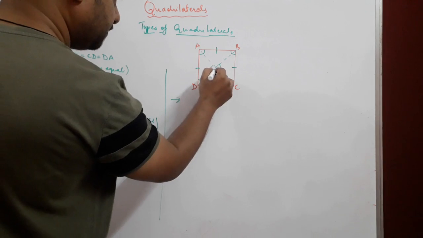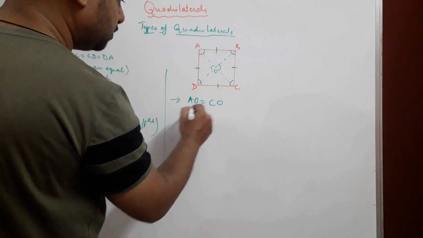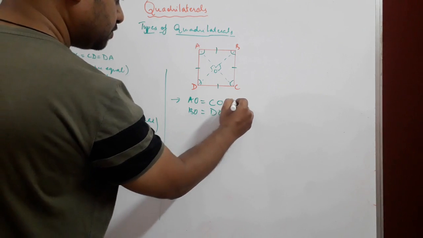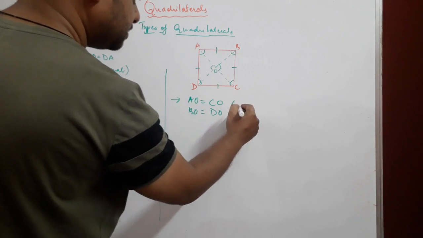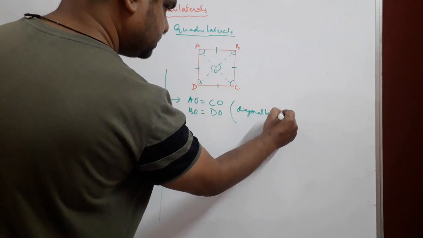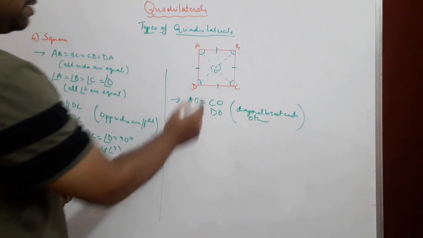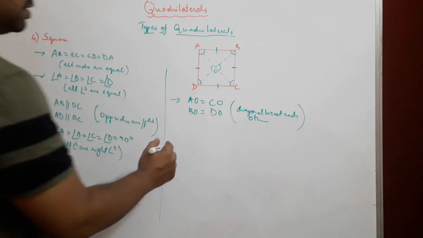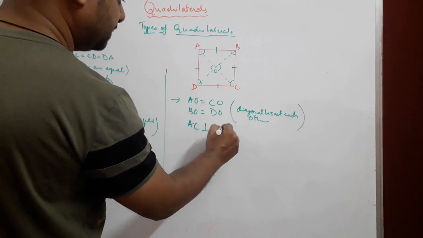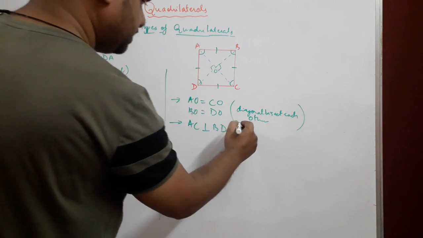First of all, if we put a point O over here, AO equal to CO and BO is equal to DO. So the diagonals bisect each other, but they bisect each other at right angles, which means that AC is perpendicular to BD.